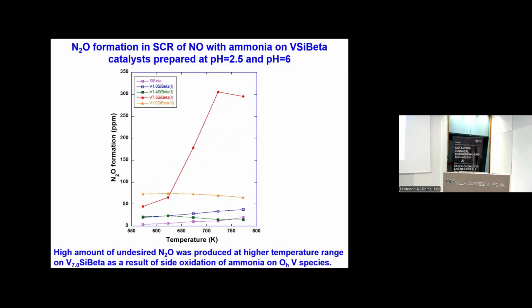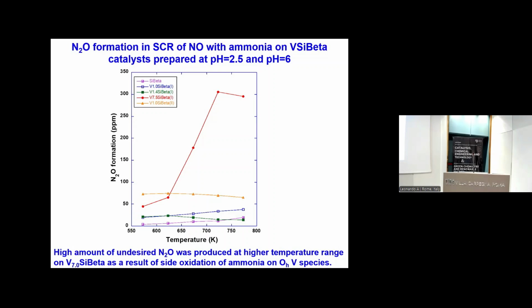So also in this reaction, N2O can be formed. It is not a good product of this reaction. So there is high production of N2O on the catalyst with 7.5 weight % of vanadium.